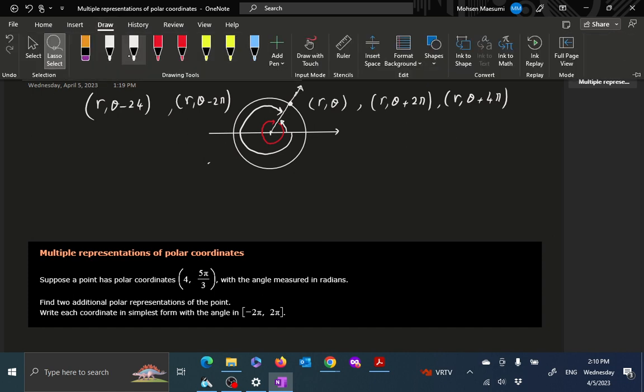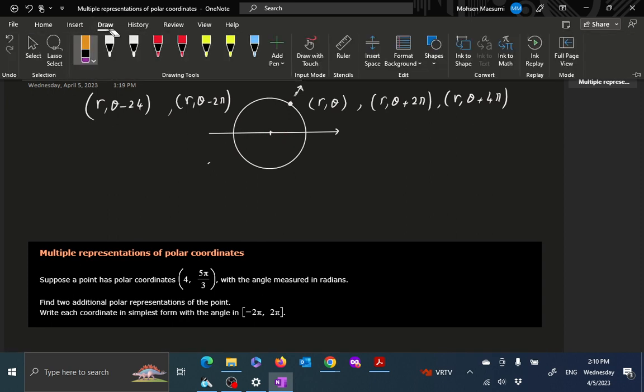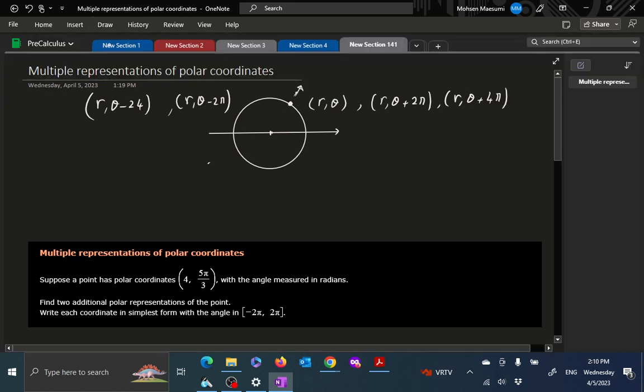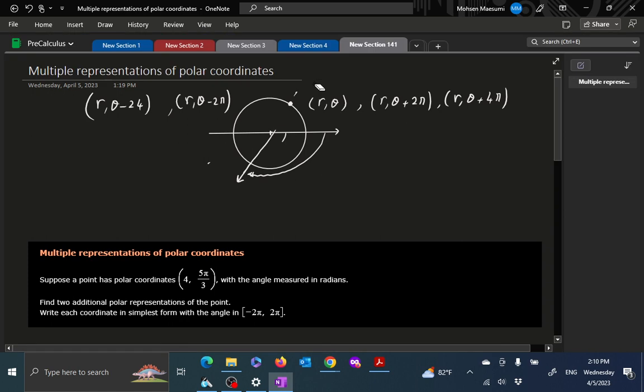Let me erase these. I can travel by bringing the axis to this location, and once the axis is here, let me erase the other one so it doesn't interfere with our picture.